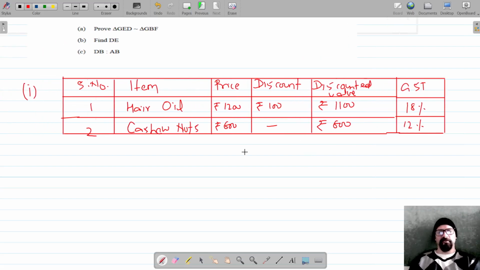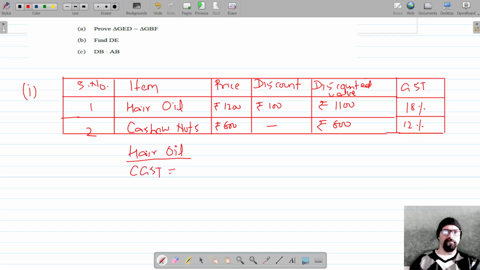So we know that GST is split up into CGST and SGST. Let's first consider the first item, which is hair oil. For hair oil, CGST is 9% of the discounted value. GST is 18%, so half is CGST and half is SGST.